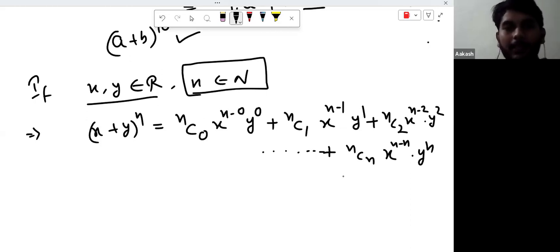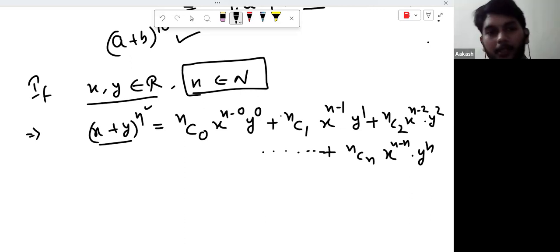This is how we can expand any powers of any binomial. Okay, we already know what is nc0, nc1, nc2, right? Yes, sir, from permutation combination. Okay, note it down.